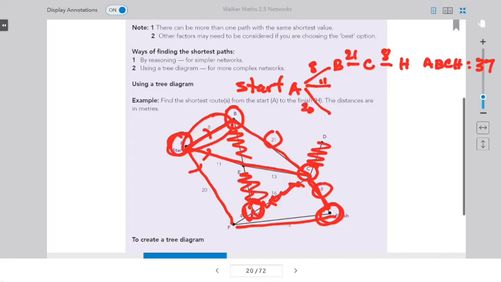All right. Now let's do the next one. The next one branches off, goes to E, then to C, then to H. So it's A, E, C, to H. So from A to E is 11. From E to C is 13. Just put in the values.